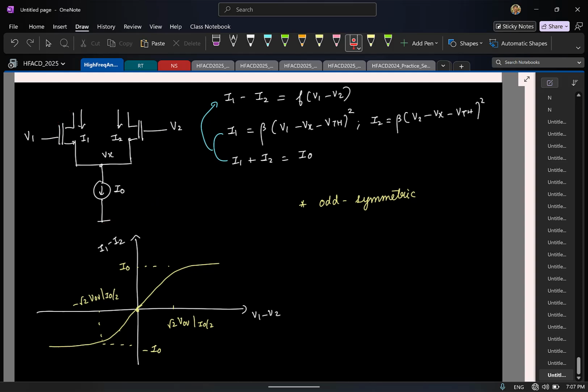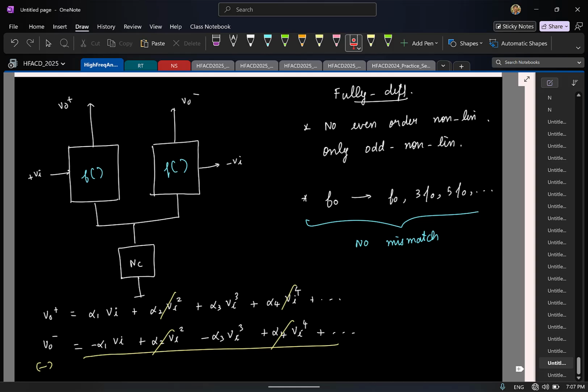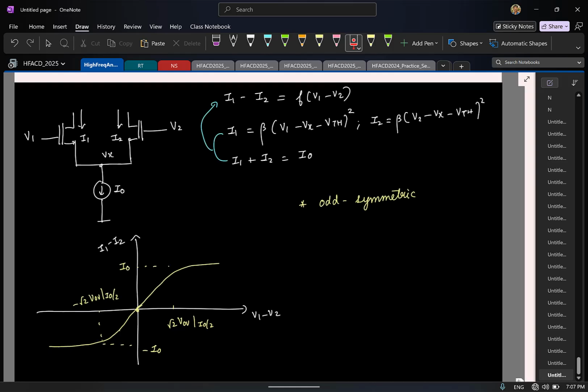Can you convince me of this? As we just saw, if you have a fully differential system, what can you say about the nonlinearity? All even terms get cancelled, only odd terms will remain. So the same thing is happening here. This is also fully differential, which means I'll not have any even order terms. I'll have only odd order terms. So the characteristic will be odd.